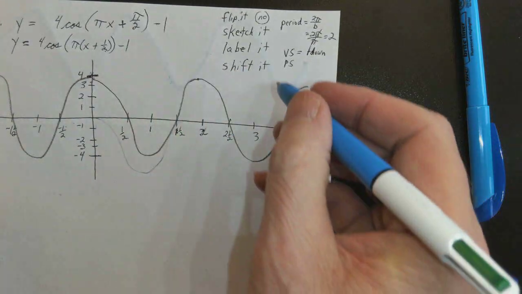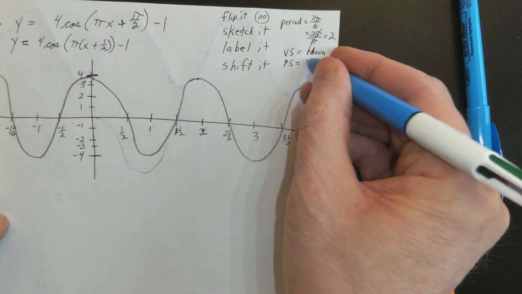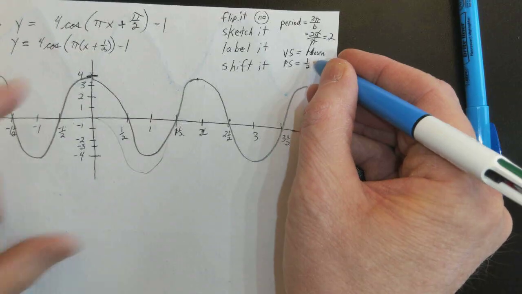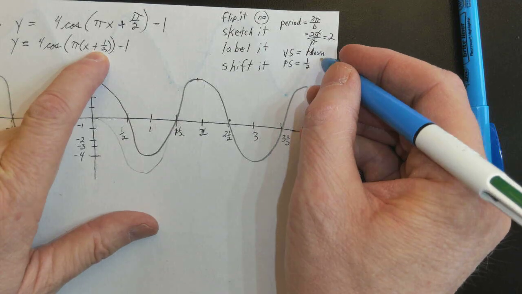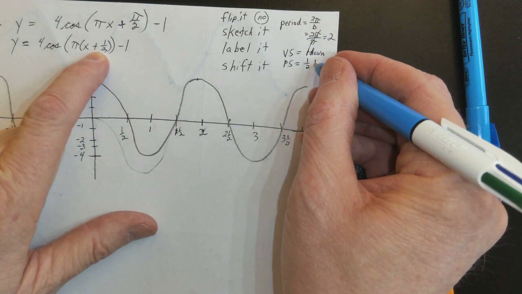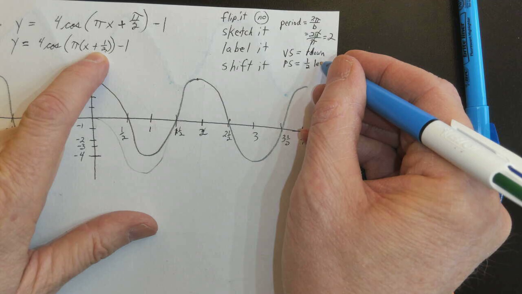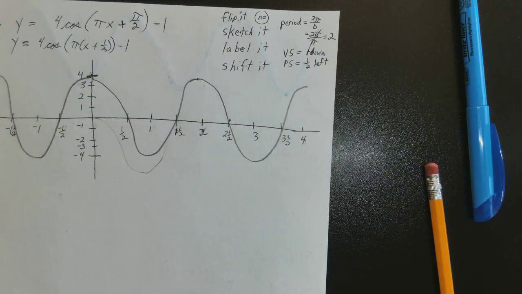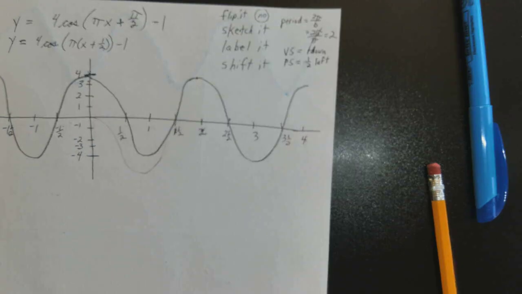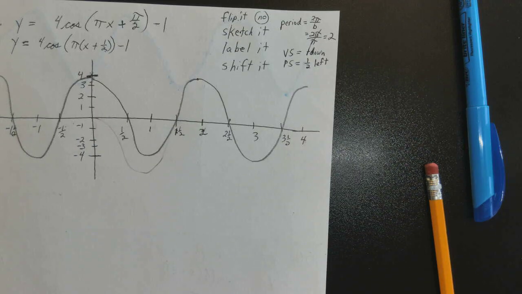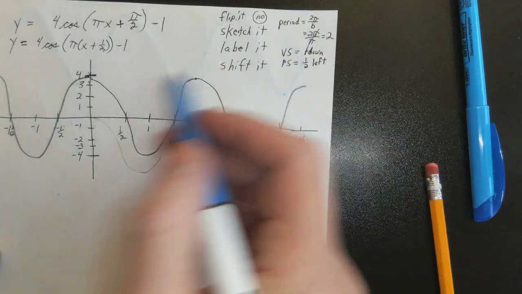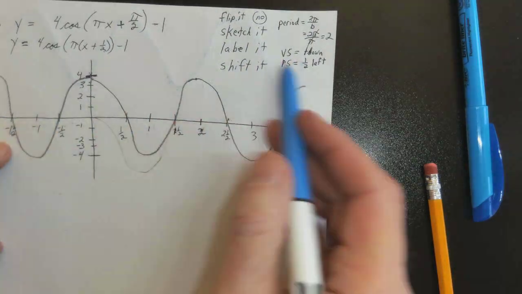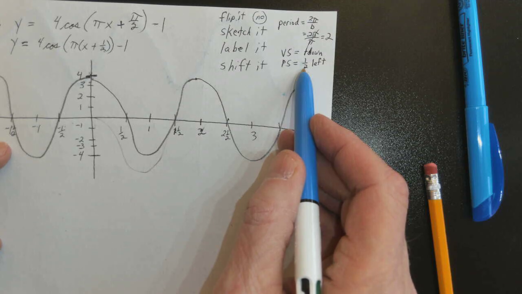Okay. So the phase shift is 1/2 left or right? Left. Right? Correct? 1/2 left. If it's positive, it's counterintuitive, right? Correct? All right. So, and each tick mark is a half unit, correct?